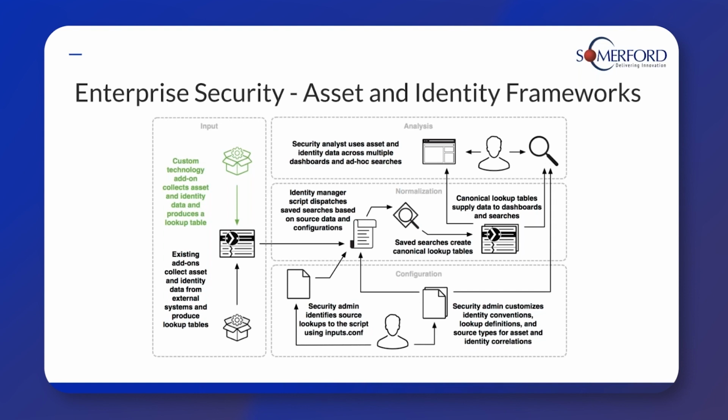So in terms of how this sets up, what we do with the asset identity framework is we first use external add-ons or build searches that look into Active Directory, into your endpoint logs, or into some cloud technologies that are keeping information about what's going on with your assets or your identities, lots of different areas.